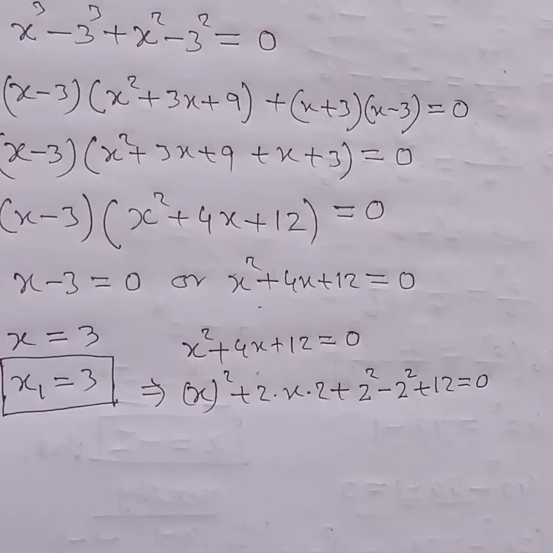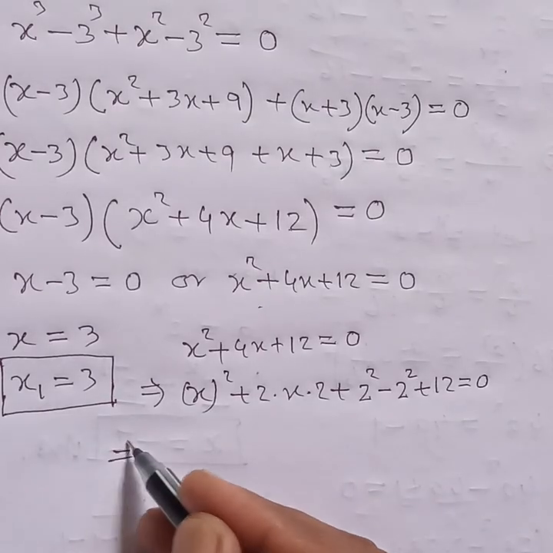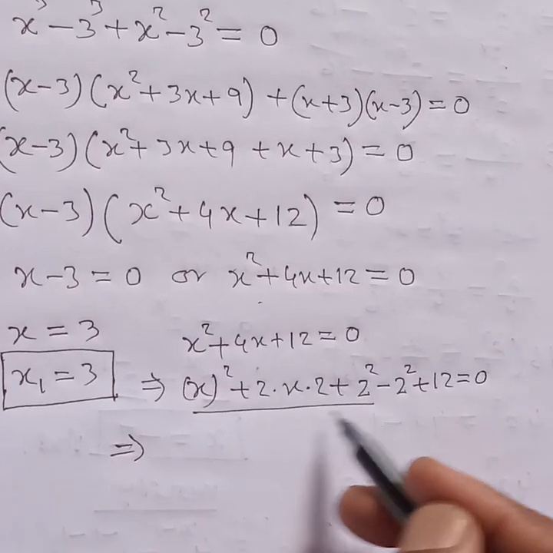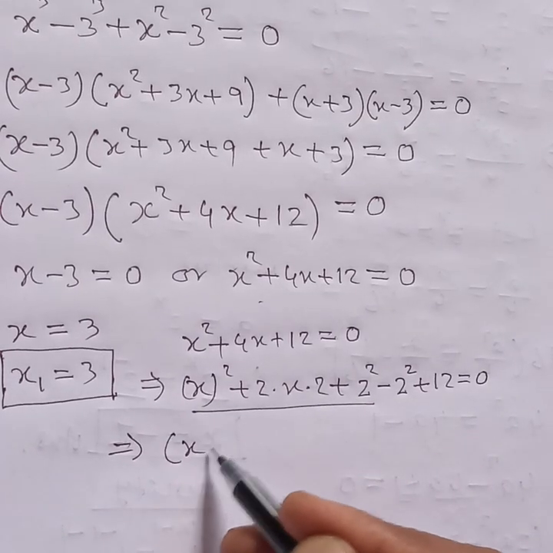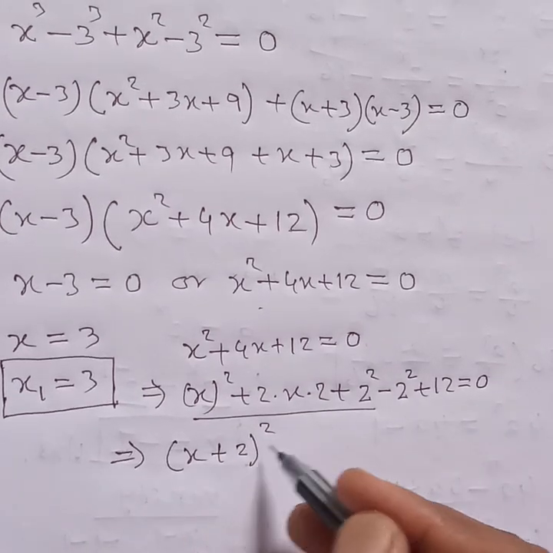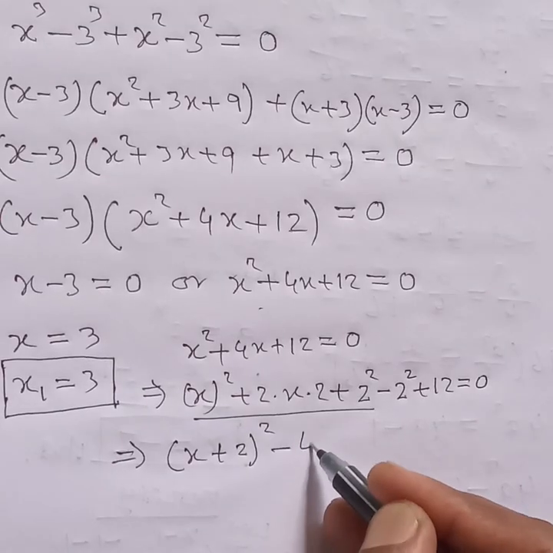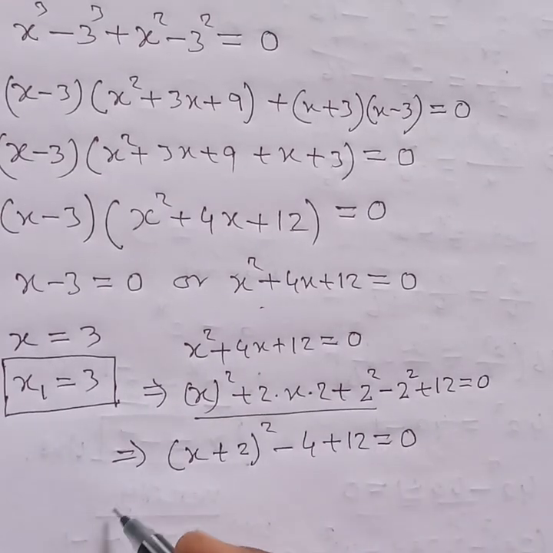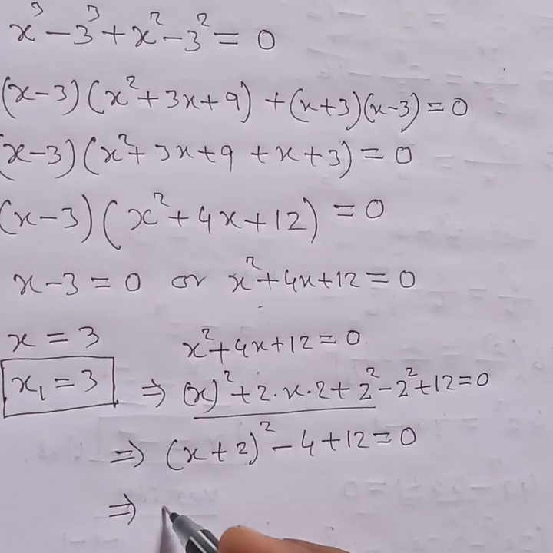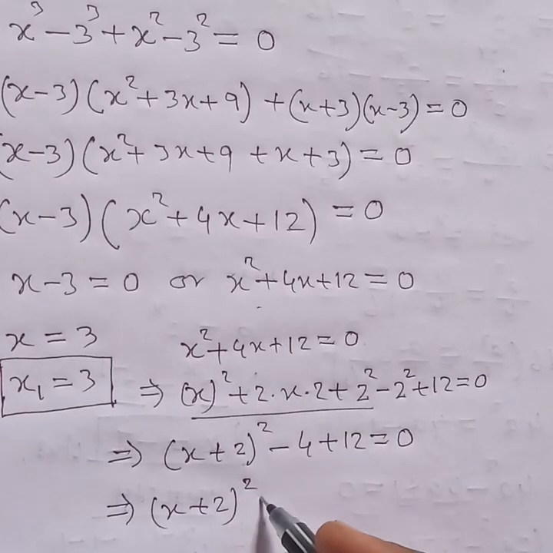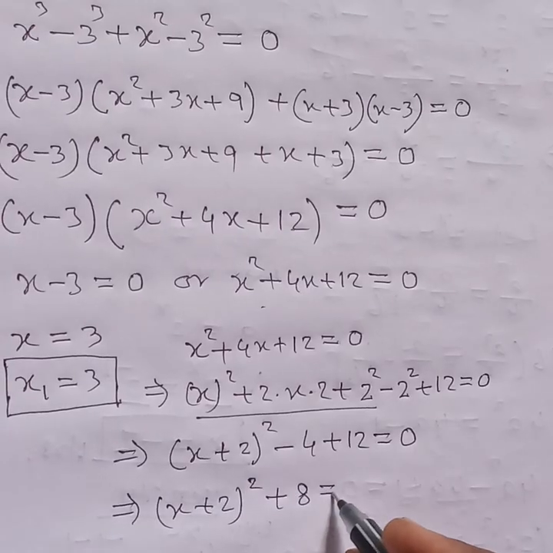This implies, this is a perfect square, that is x plus 2 whole square, minus 2 square is 4, plus 12 is equal to 0, implies x plus 2 whole square minus 4 plus 12, that is plus 8, is equal to 0.